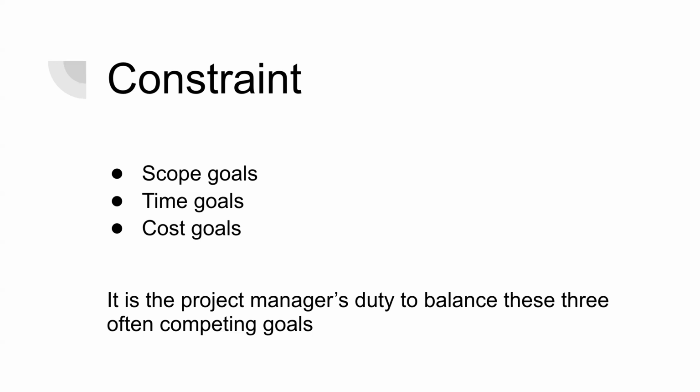So if the scope is fine and the cost is fixed, believe me, the time estimate is going to go up and down. Okay, so even though those two constraints are met, if the scope is fixed and the cost is fixed, the time is not going to stay around 20 as we expected. It's going to be changing. Why?